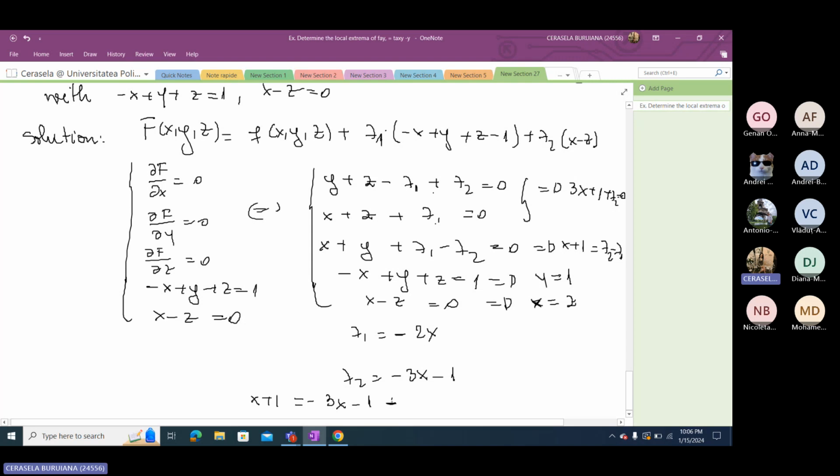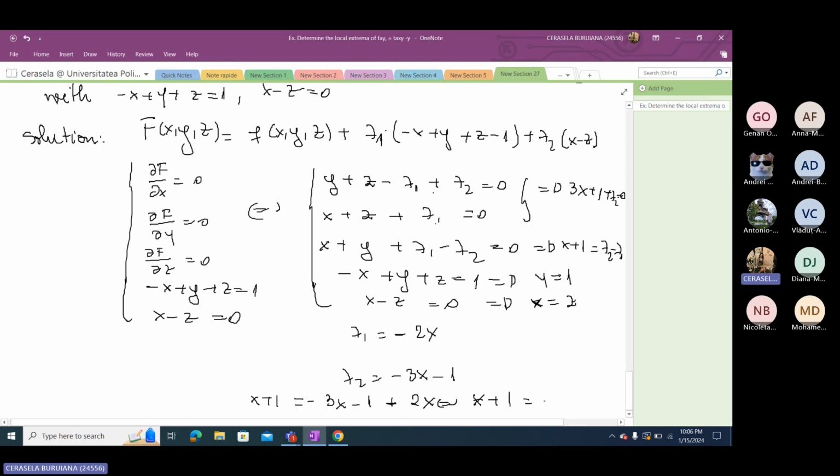Okay, so it will be plus, if I compute it well, but I want to check. Yeah, it's lambda 2 minus lambda 1. It's good.